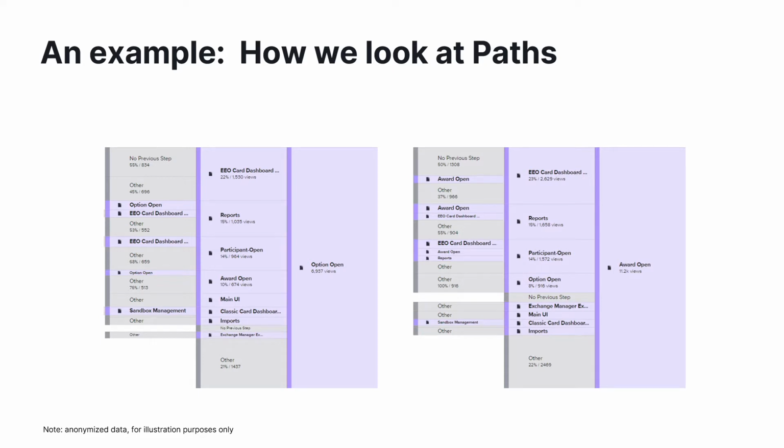So, essentially paths. What we're looking at here is who's jumping from what to where. Let's just say you've got a restricted stock grant and you've got an option. They're two completely different equity types. And what we found is that clients are spending a lot of time jumping back and forth between these. You probably can't see it on this screen, but it looks very odd that they're going from awards to options, participants, awards, options, back and forth.